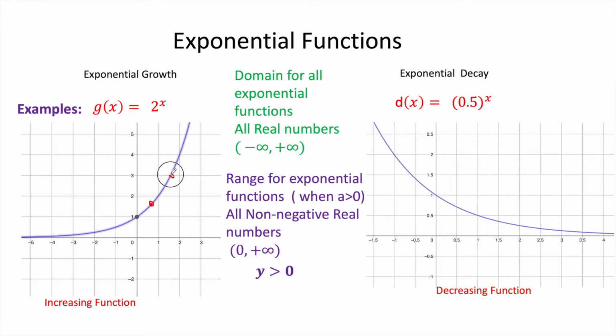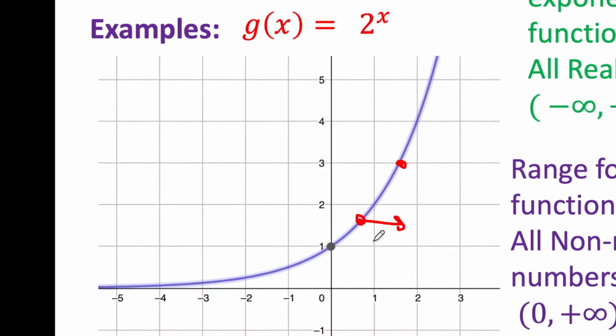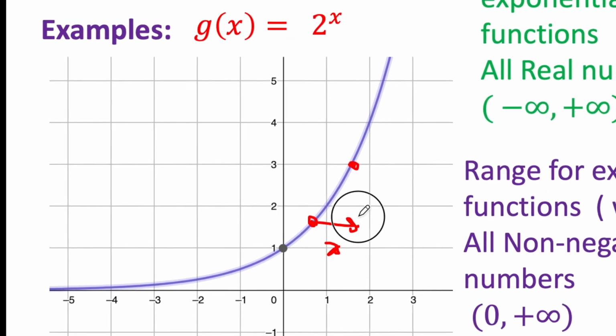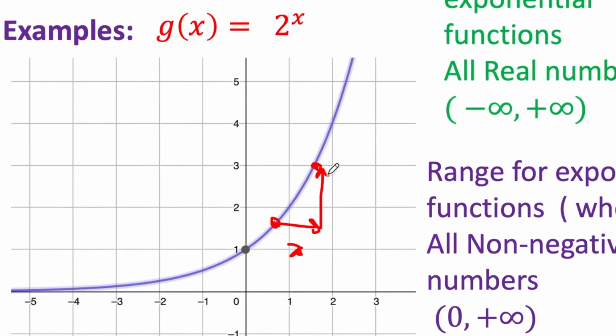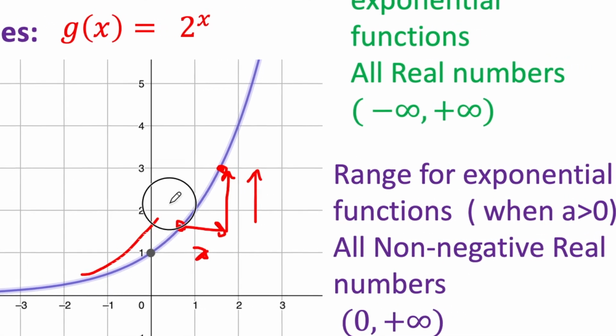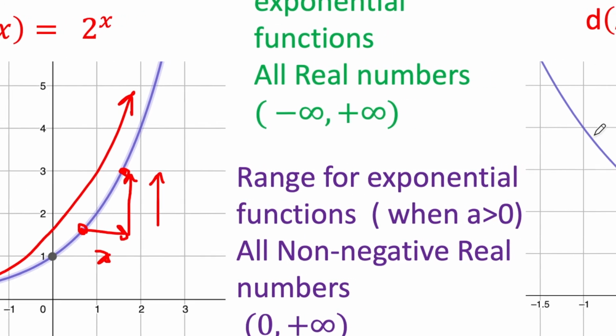Now, you need to know that increasing means that when the values of x increase, which is moving to the right, y increases. The values of y of the function g of x increase, and that's why you see the graph going up.